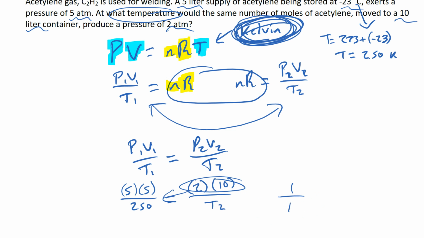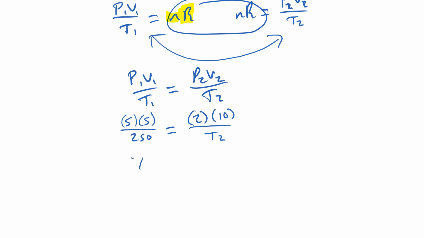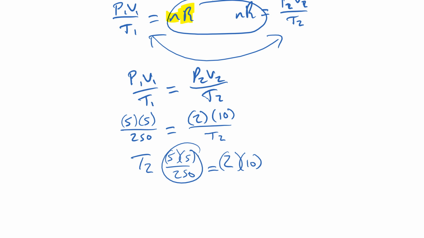We don't want to find the reciprocal of T2. We want to find out what T2 actually is. So you have to multiply both sides of the equation by T2. And then, to get T2 by itself, you're going to have to divide through both sides of the equation.